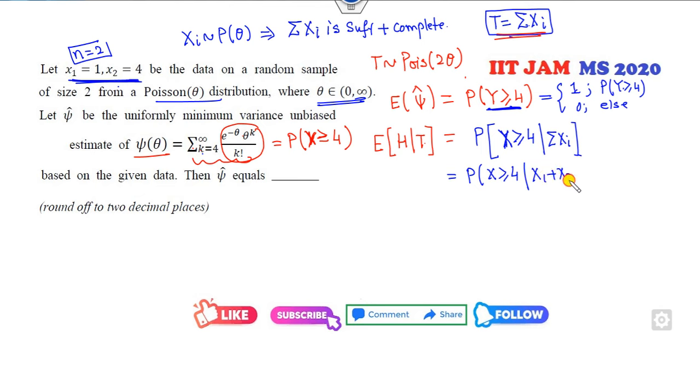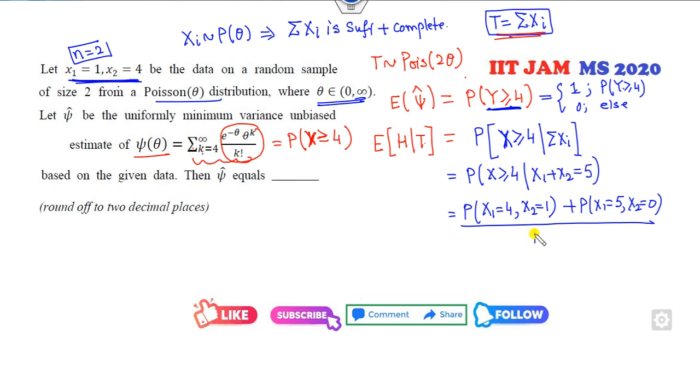X1 plus x2 should be 5. Fine. So this x is a combination of the xi's. What are those possibilities? Intersection. Either x1 will be 4 and x2 will be 1, or x1 will be 5 and x2 will be 0, divided by the probability that T, which is x1 plus x2, is equal to 5.